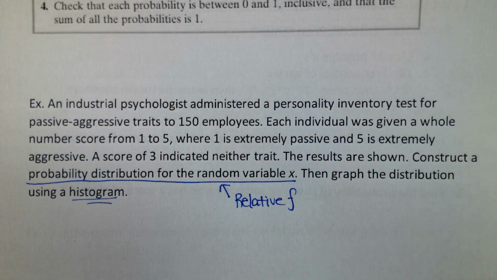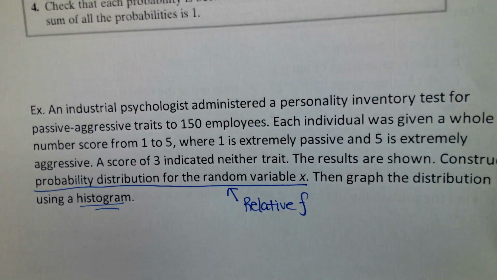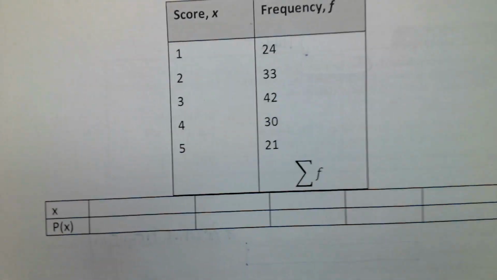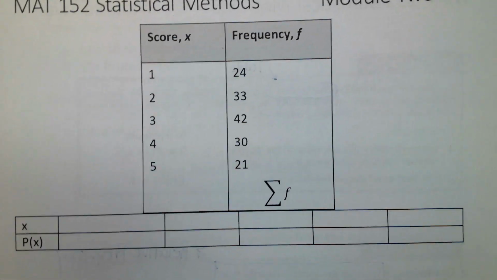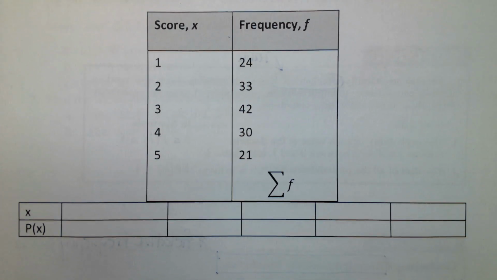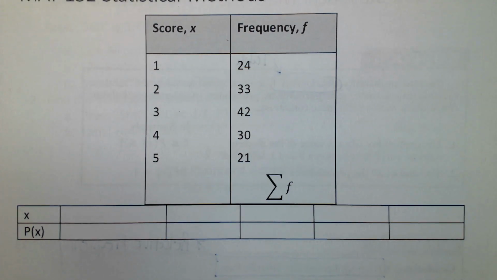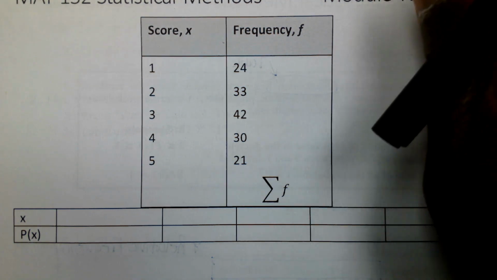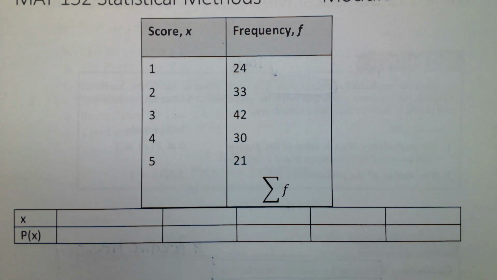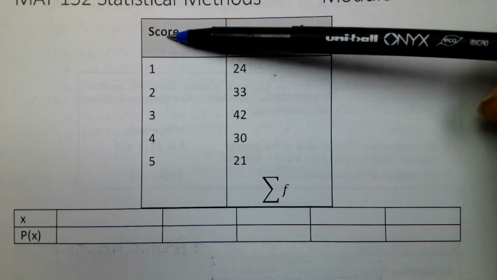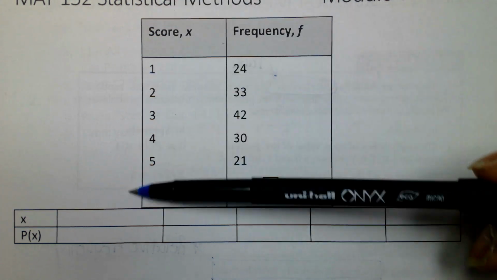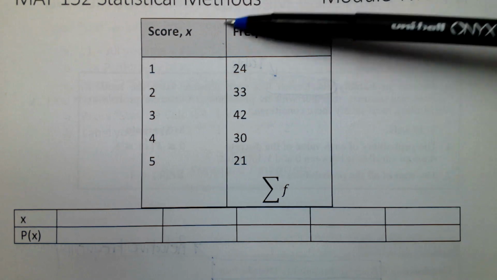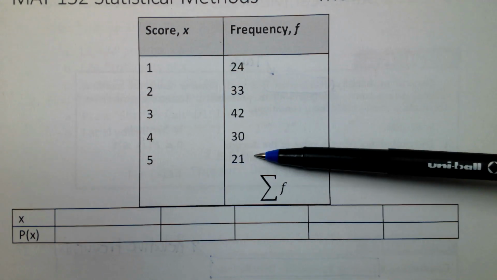Alright, so we want to make a table and then make sure the bars are touching. So here's our frequency distribution. Write that down somewhere you can. This is our x. This is the data that was collected. This is how many were collected.